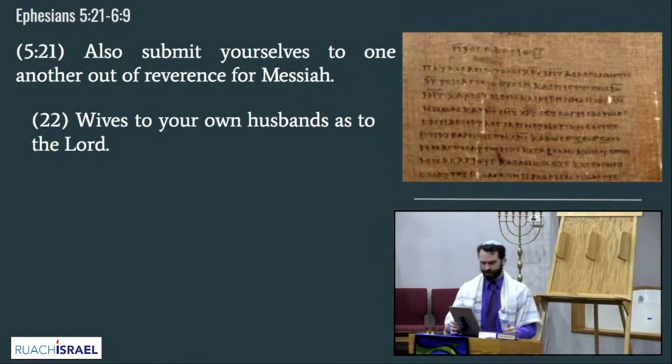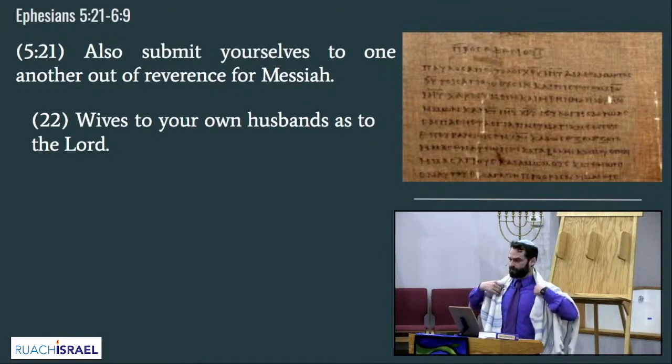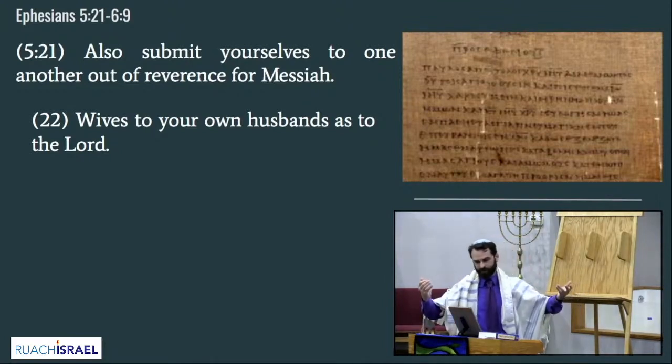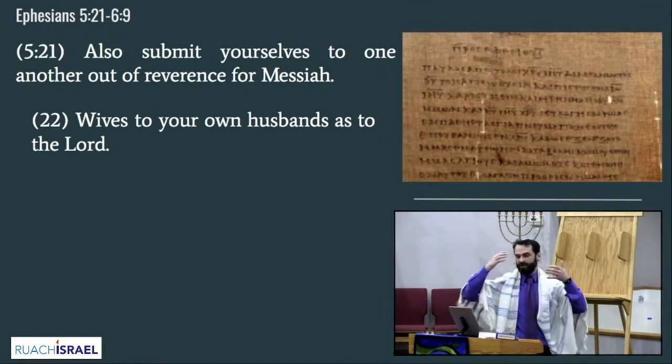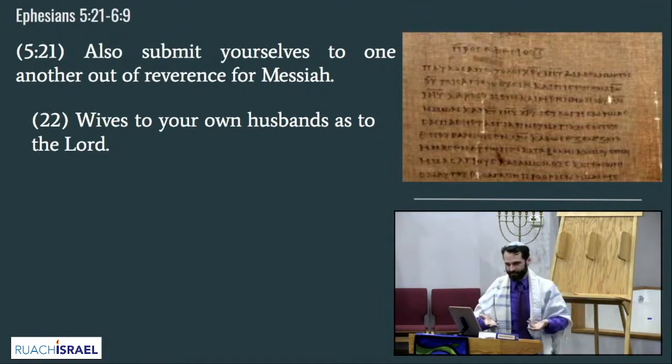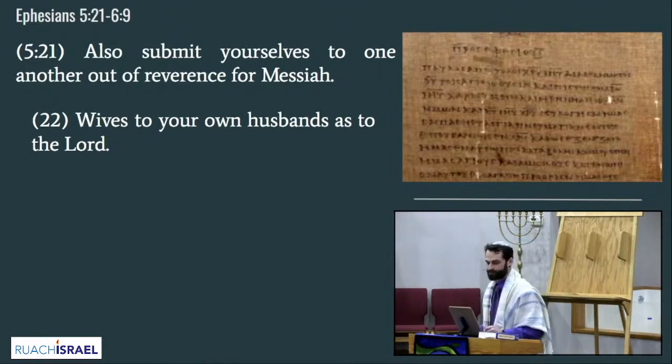Now, this is interesting. The Greek word that we translate to submit is hupotasso. Generally, in the Brit Chadashah, this word does not carry the weight of obedience like someone who would submit to a king, but more to adapt oneself to one another in love, or to give of oneself for the sake of others.